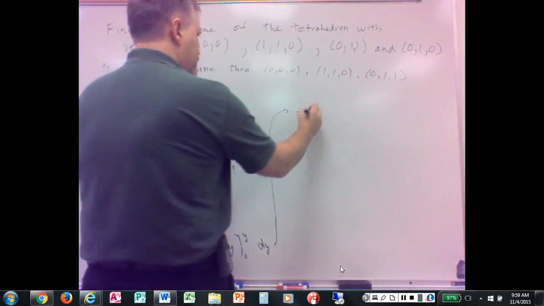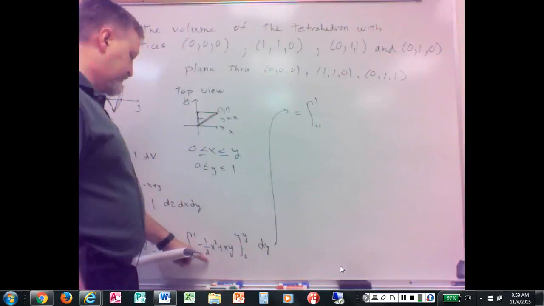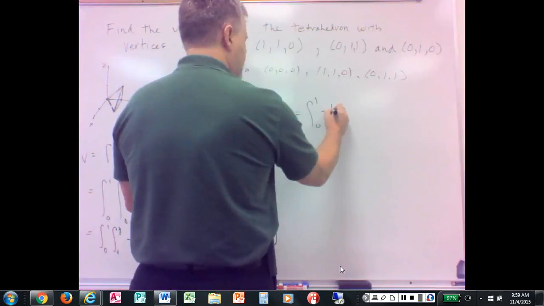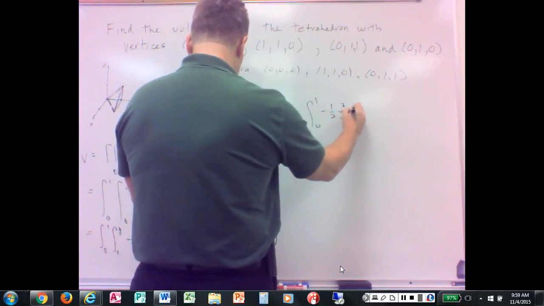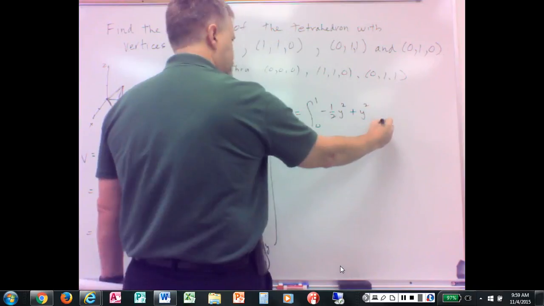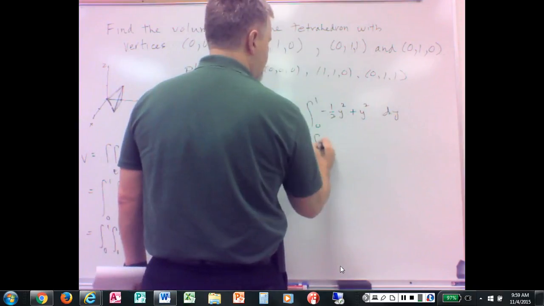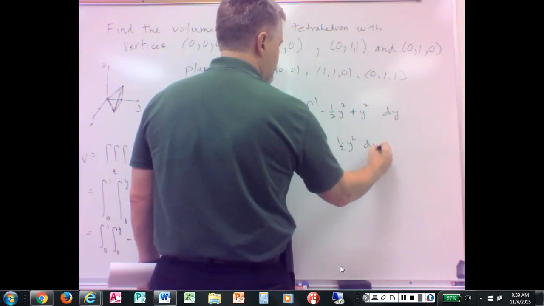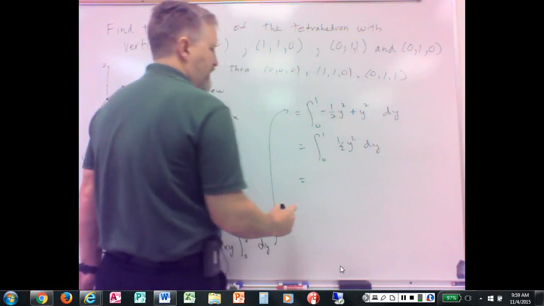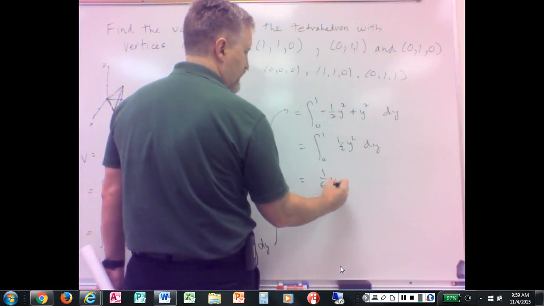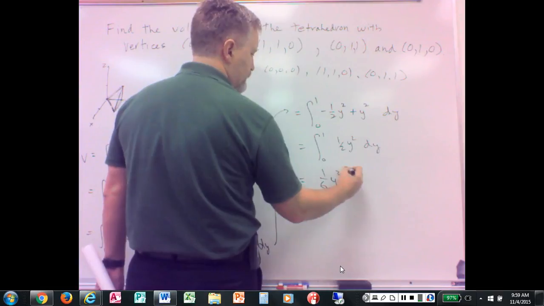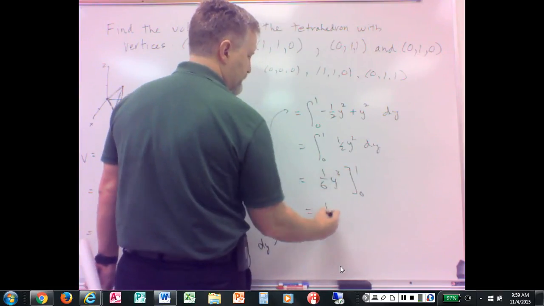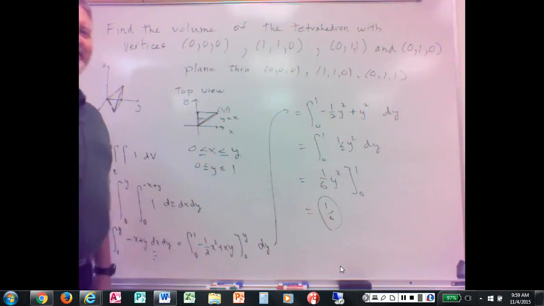Plug in y for x, that'd be -1/2 y squared plus y squared. Oh, that's just 1/2 y squared, isn't it? The antiderivative of that would be 1/6 y cubed, from 0 to 1, so we got 1/6. Okay, so it's a little bitty tetrahedron, is it?